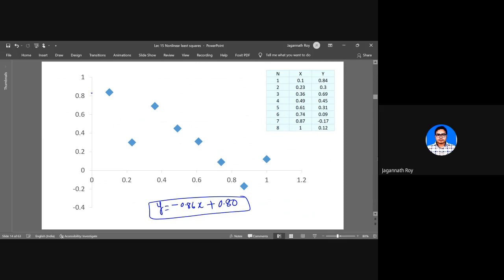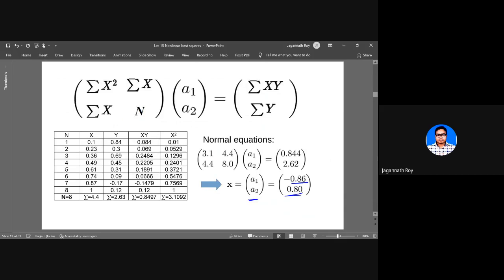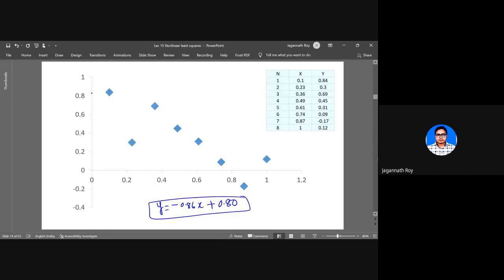So what is it? That means we can write y plus 0.86 x equals to 0.80. Now when x equals 0, y equals 0.8.